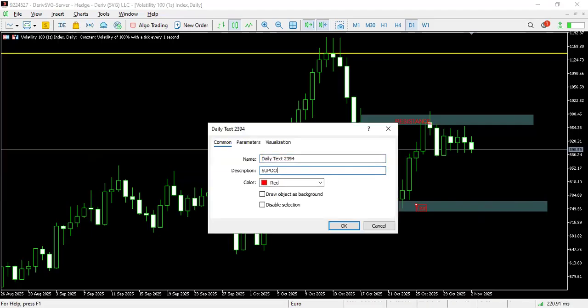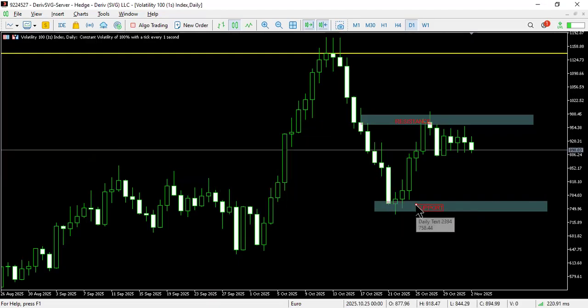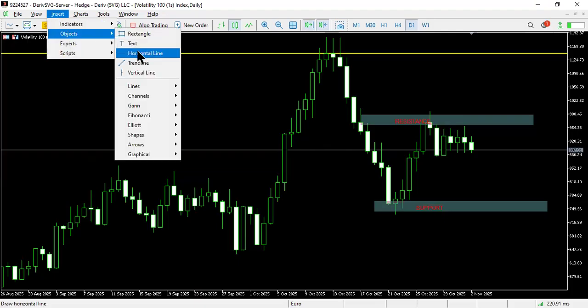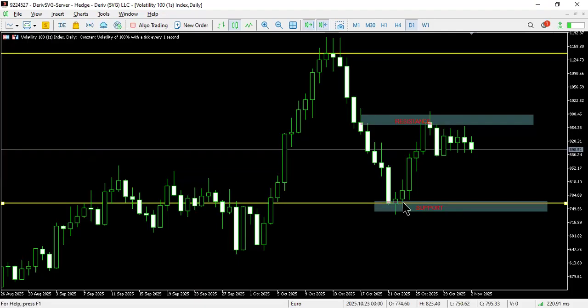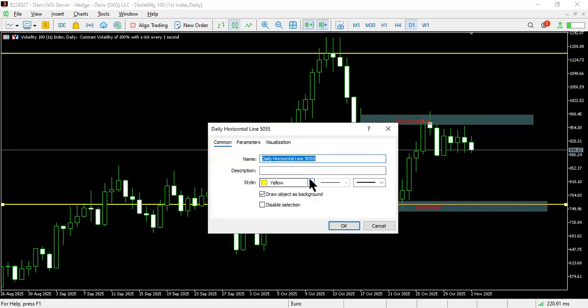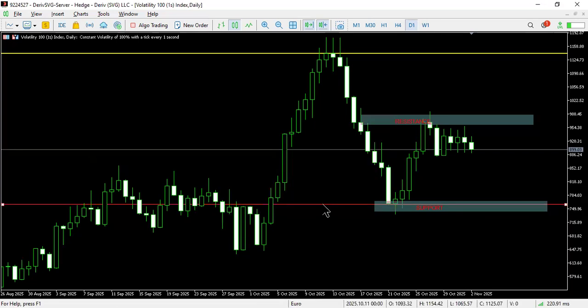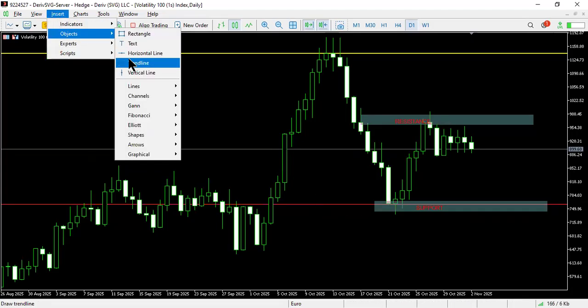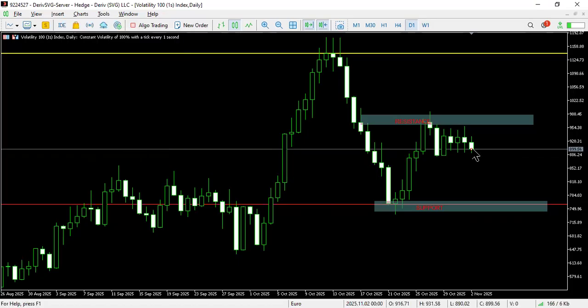We have a support down here. I'm going to be looking for selling opportunities until that level where I'm going to be putting my take profit. So that's it pretty much from the daily time frame. I'm going to be looking for opportunities to the downside.